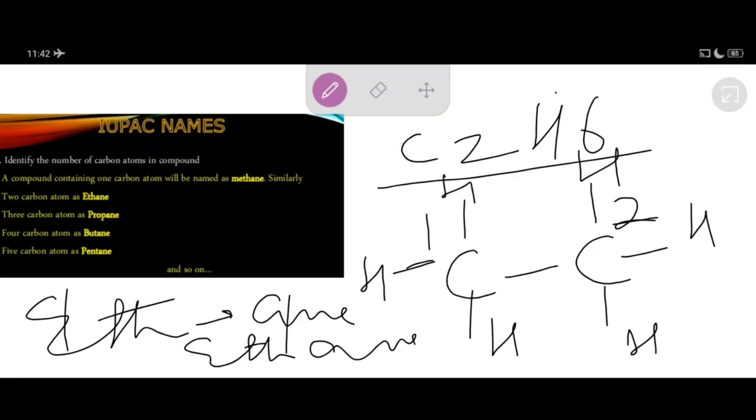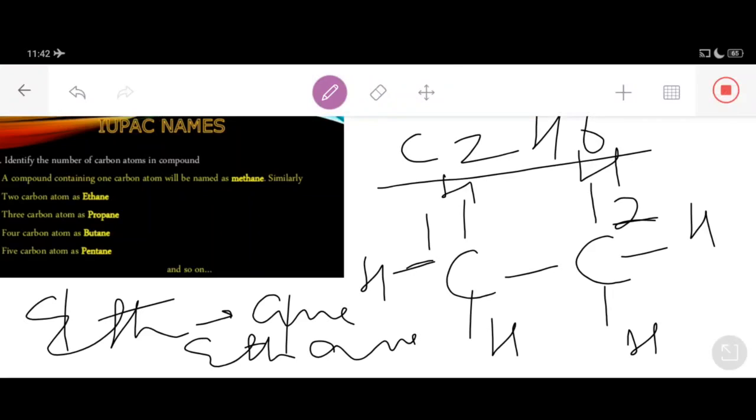That means this hydrocarbon contains two carbon atoms, indicated by writing "eth", and it has all single bonds, so it is saturated. The saturated hydrocarbon is indicated by the ending "ane". By joining "eth" and "ane", the IUPAC name of this C2H6 is ethane, my dear students.